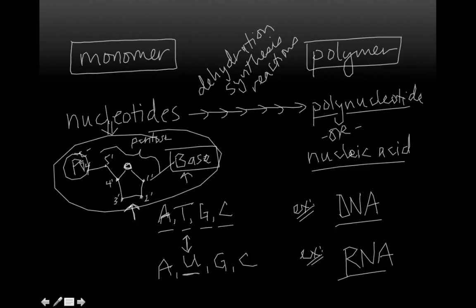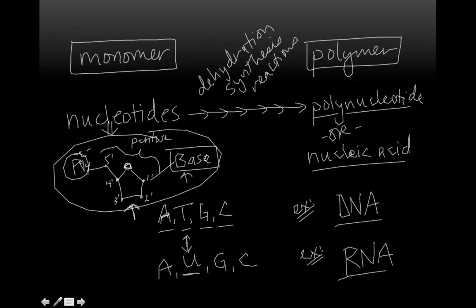Thymine is only found in DNA nucleotides, whereas uracil is only found in RNA nucleotides. But A, G, and C, adenine, guanine, and cytosine, are found in both types of nucleotides.